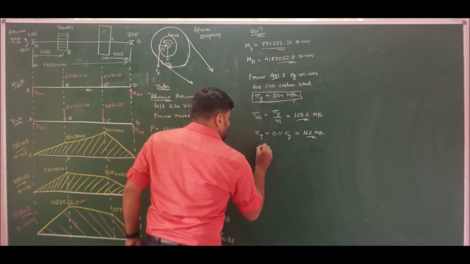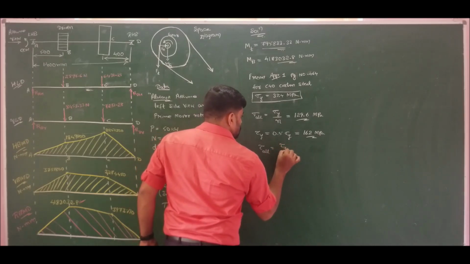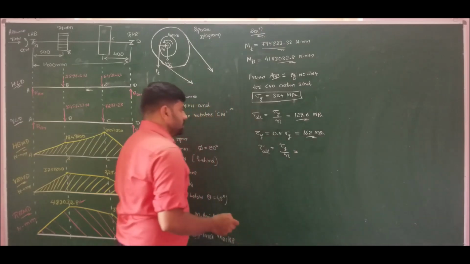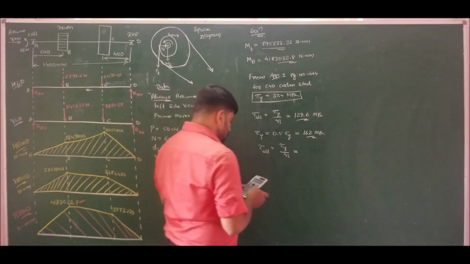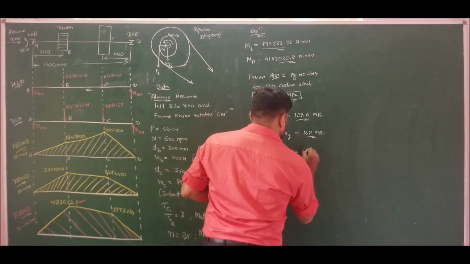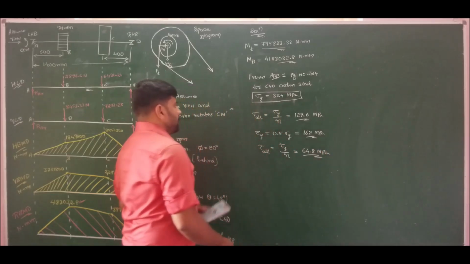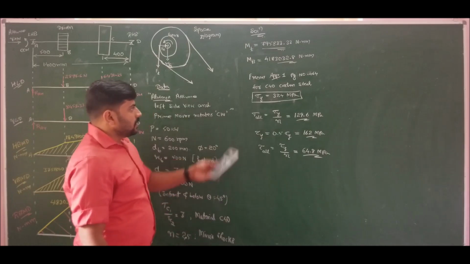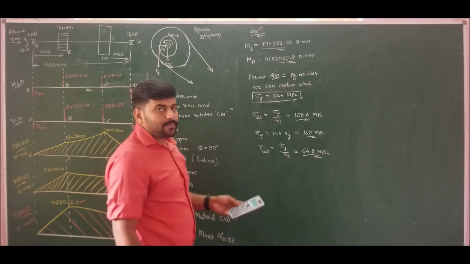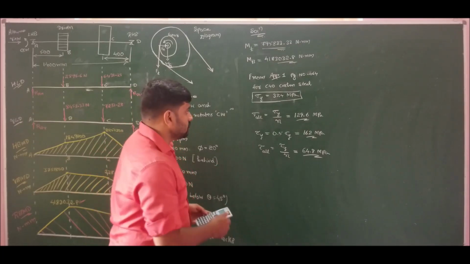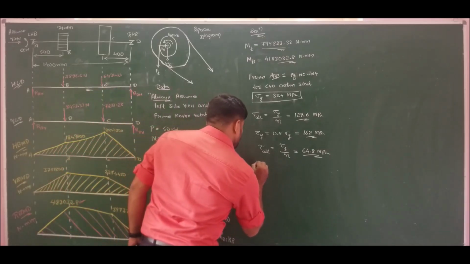So now tau allowable will be tau yield by factor of safety, which is 162 divided by 2.5, that is 64.8 megapascals. So we know sigma allowable, we know tau allowable. We can use both maximum shear stress theory and maximum normal stress theory. Adopt the larger diameter for safe design. Let us do that. Apart from that, he has asked us to solve for solid shaft.